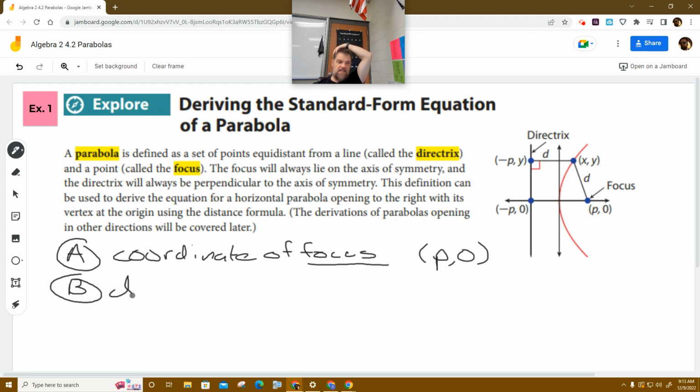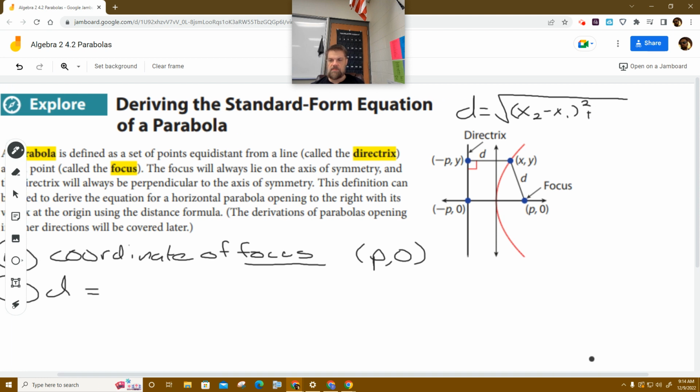So the distance d is equal to, remember the distance formula, I don't know if you guys remember this from Algebra 1, is going to be the square root of x sub 2 minus x sub 1 squared plus, that's a plus sign. Let me write it a little better.